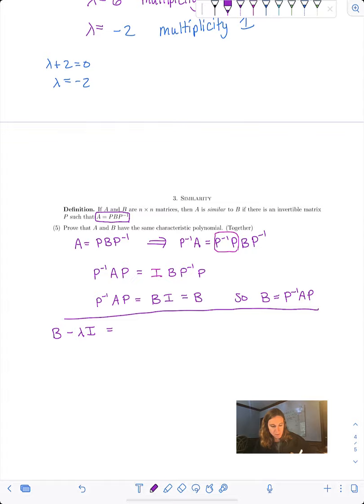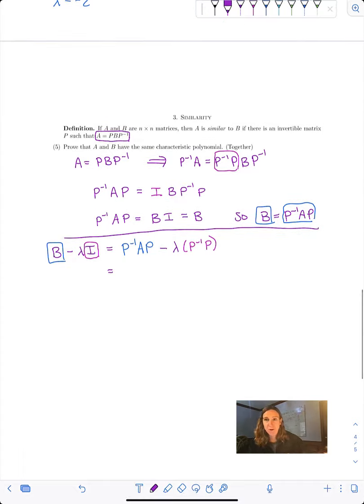Well, we can replace B by P inverse A P. So I'm going to plug in P inverse A P for B. And then I'm also going to make a substitution for I. The identity matrix is P inverse times P. So why we're doing this is actually so that we can pull out our P inverse and our P. We'll see in a moment what I mean by that.